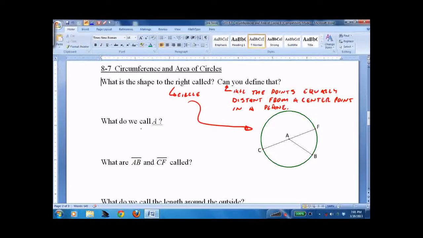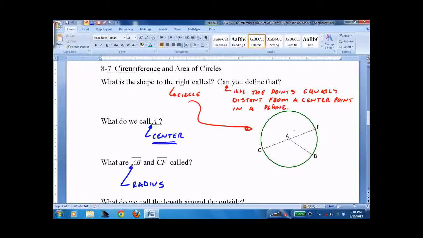So what do we call A? Well, that's the center. What do we call AB? Well, that's the equal distance that you go all the way around the circle with. And we call that the radius.